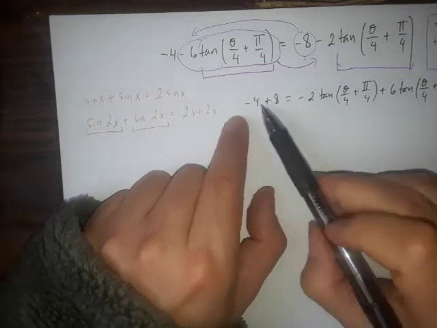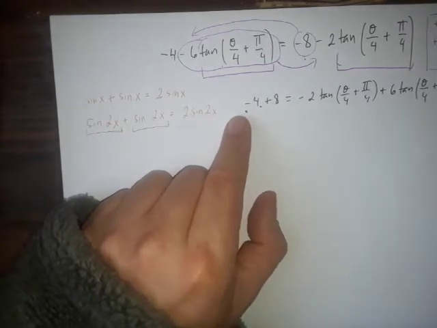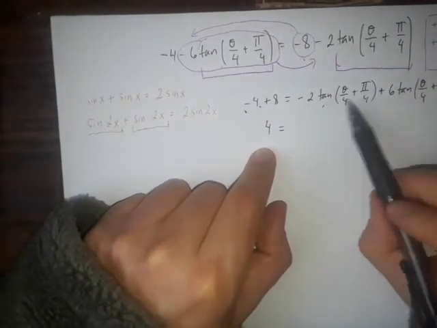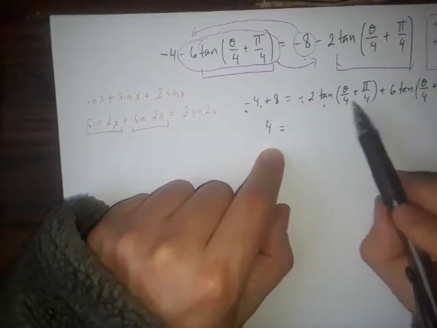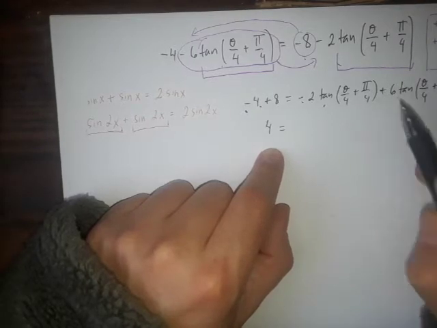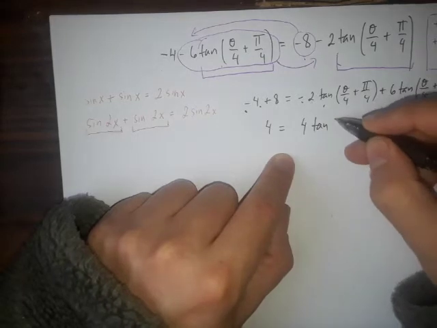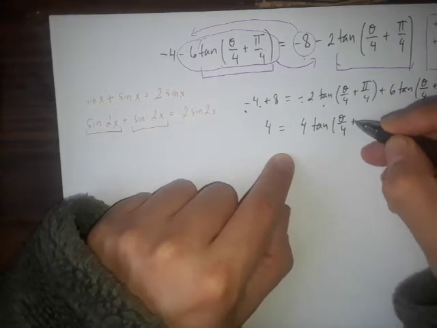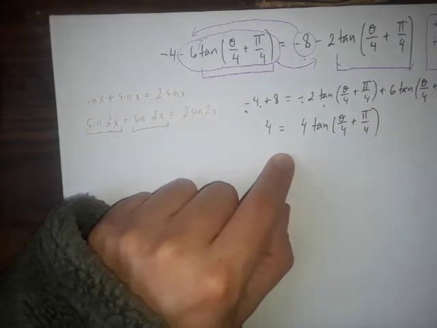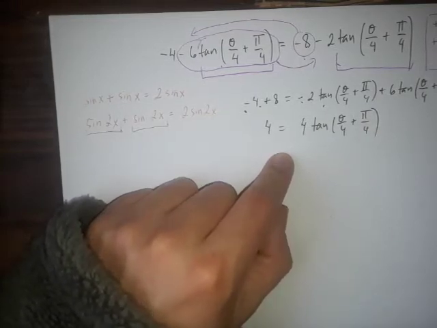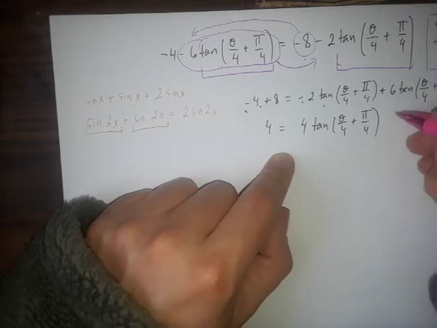Great. Now -4 plus 8 is going to be 4, and when I add -2 of something plus 6 of something, I'm going to have 4 of something, right? 4 tangent of theta over 4 plus pi over 4. Great. Look at this, we have simplified this equation so fast.